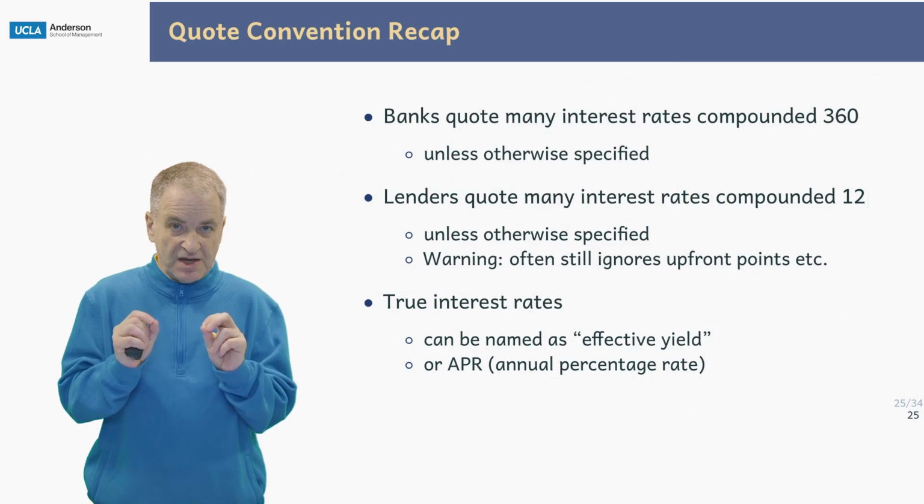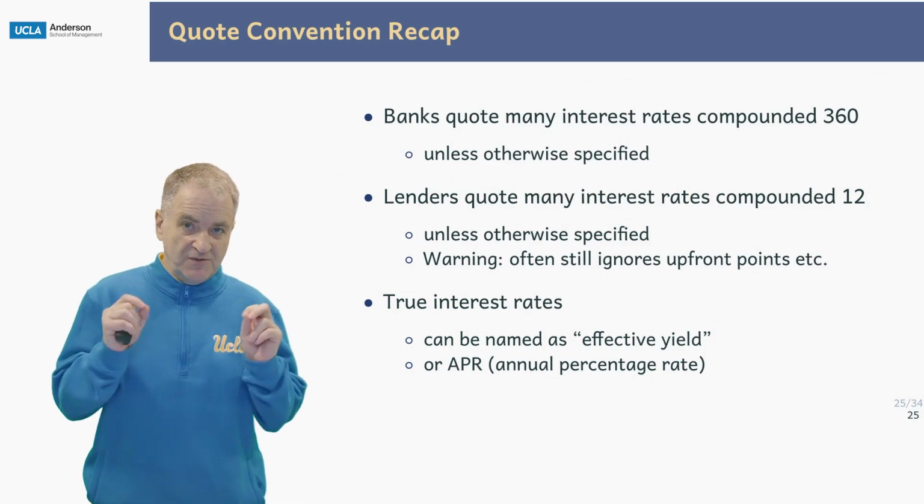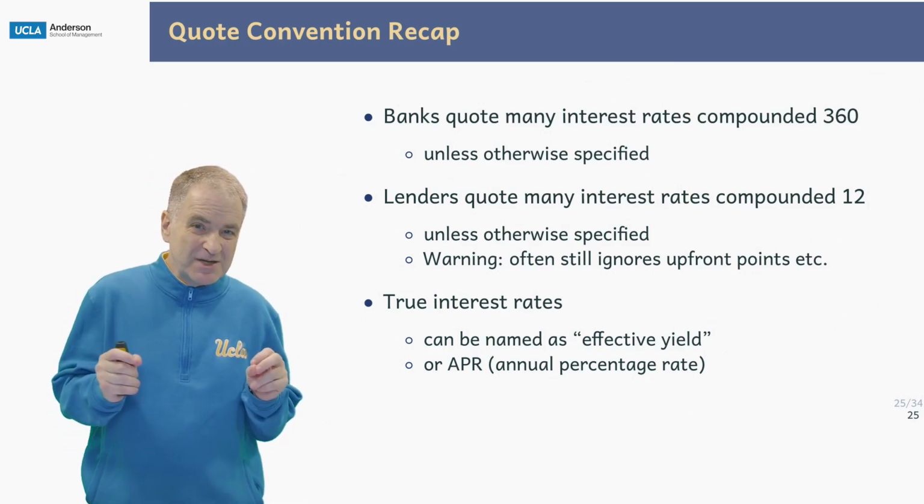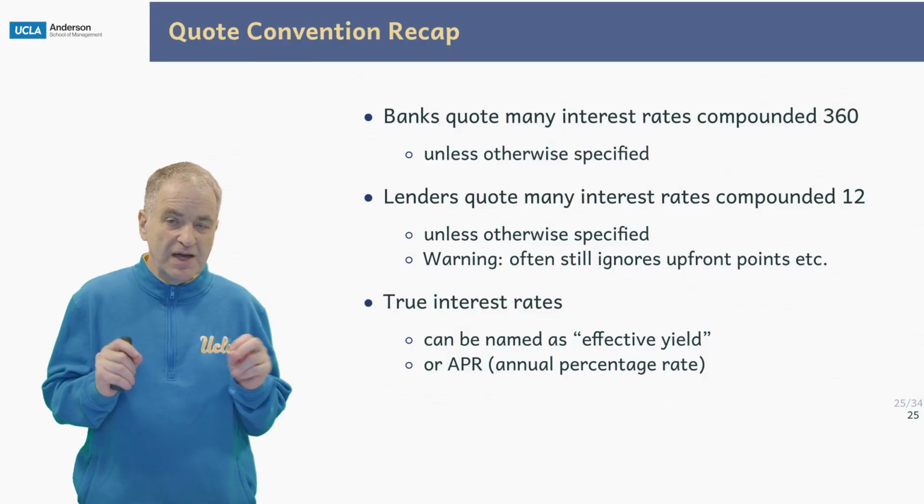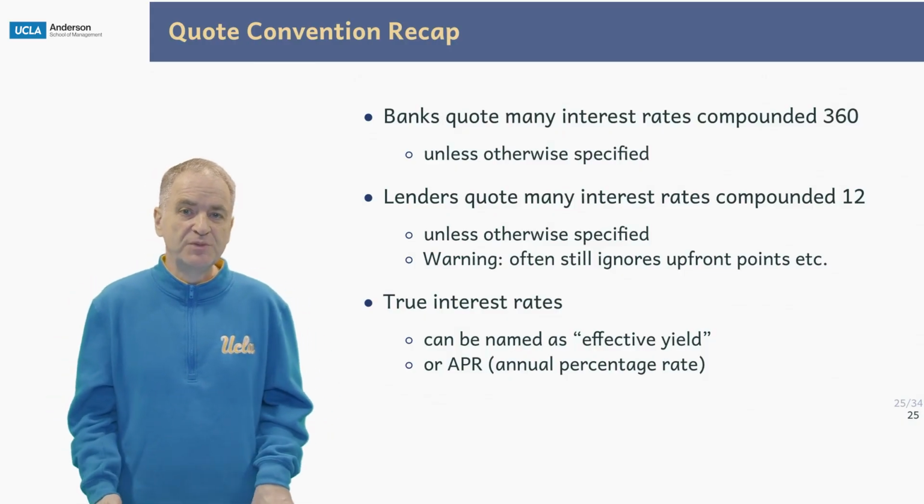True interest rates are sometimes called effective yields, sometimes in other contexts also APRs, annual percentage rate. Something even more important to remember, it's not your instructor's fault. Don't shoot the messenger. I hate needless confusion even more than you do, but these are standard conventions.